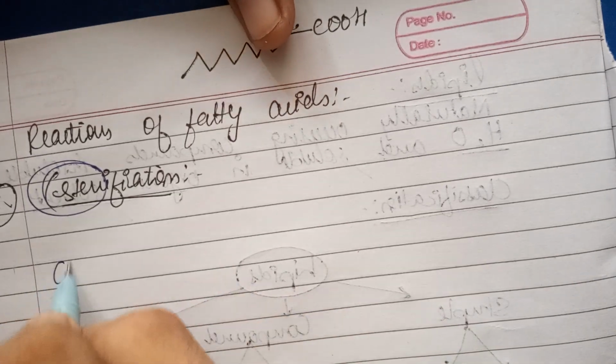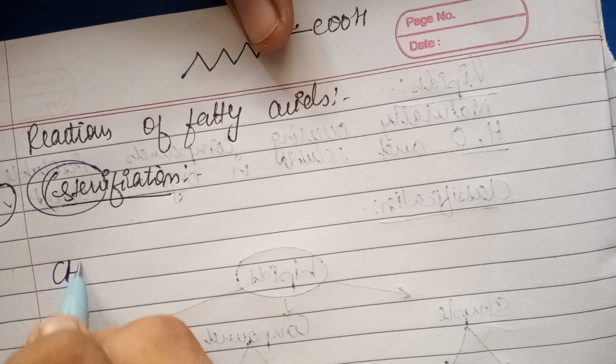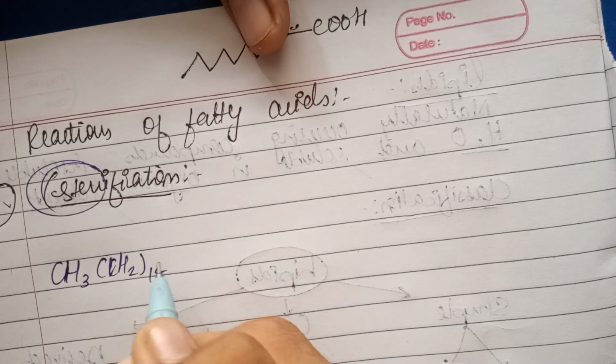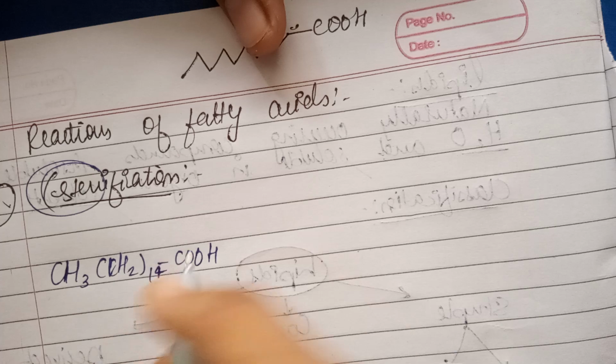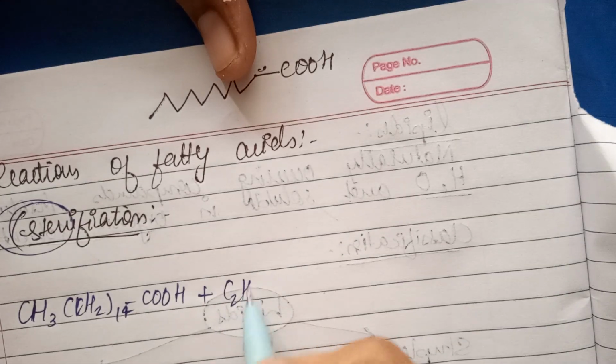So we have ethyl palmitate. We have palmitic acid, CH3 (CH2)14 COOH, along with ethanol, C2H5OH.